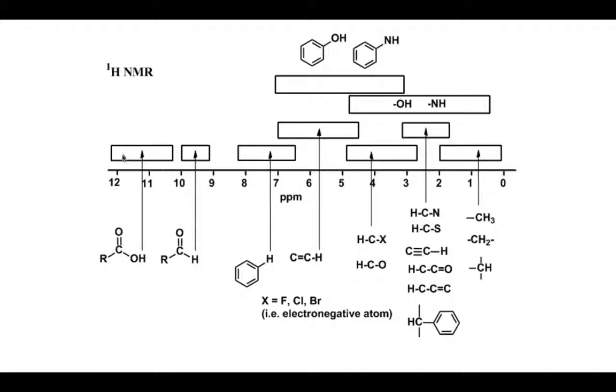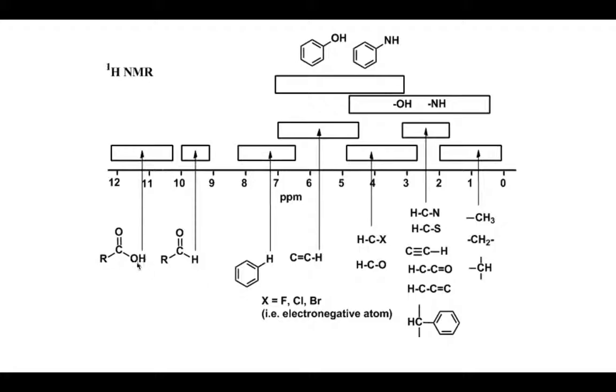Whereas down here we see carboxylic acid hydrogens. Now we're not concerned about any of the other hydrogens in the molecule, just the hydrogen right here on the carboxylic acid itself. Now this is one of the lowest shielding environments that you could possibly have, to the point where it's acidic and it has so few electrons it can actually break that bond there and dissociate when it's in water.